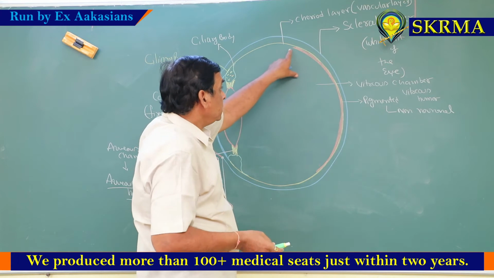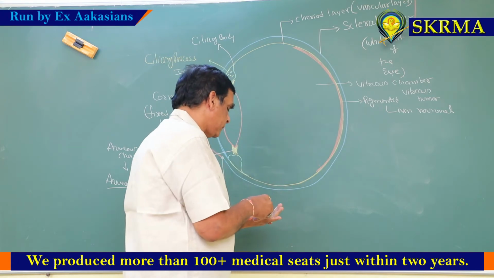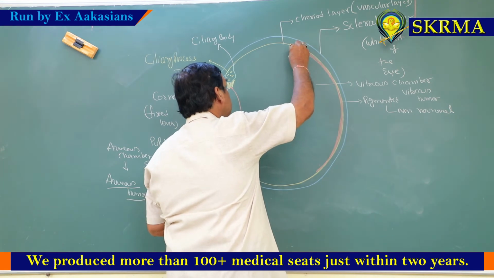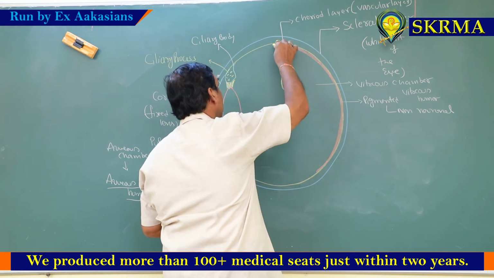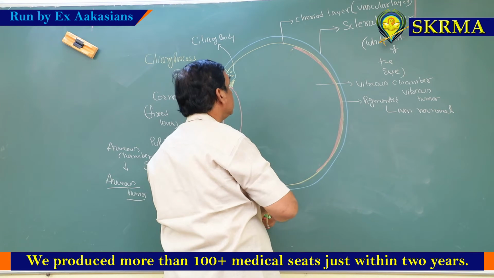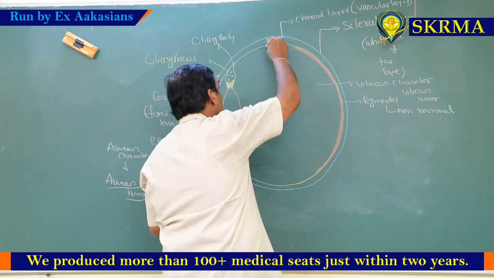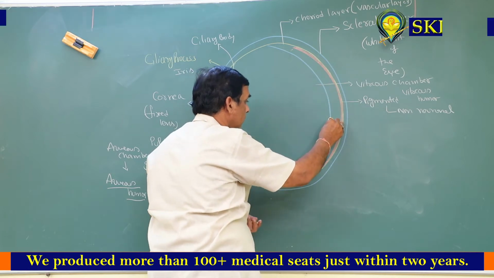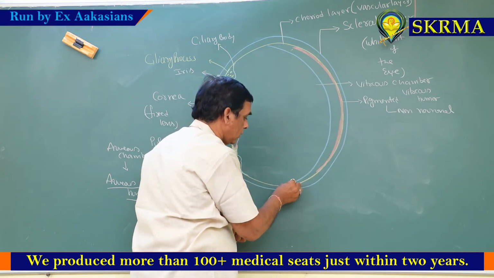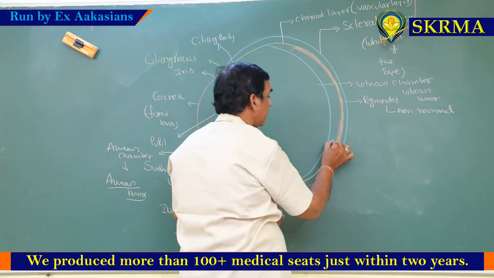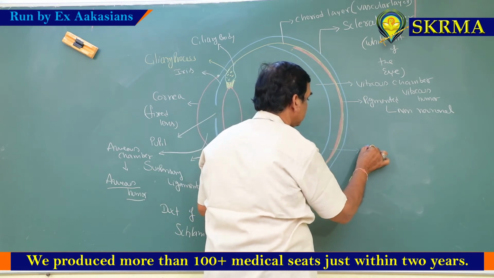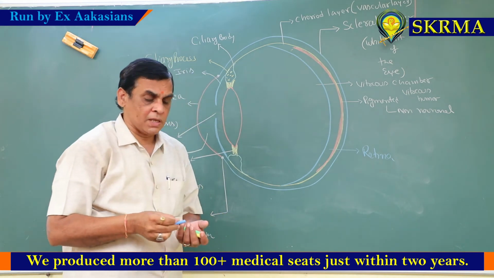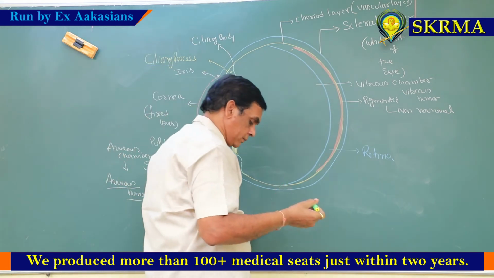Now, in this area, this is the retina. Retina is a neural layer.